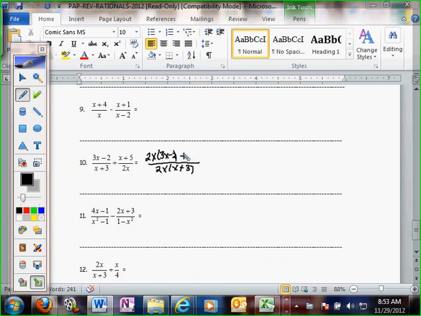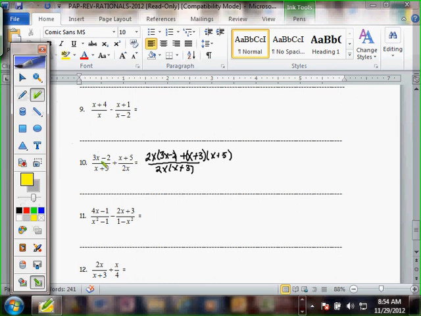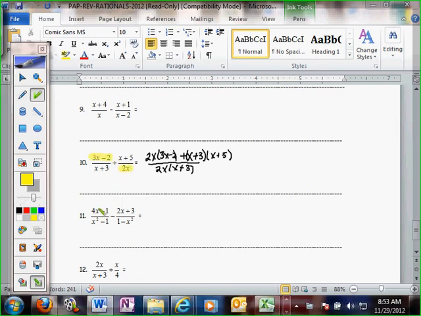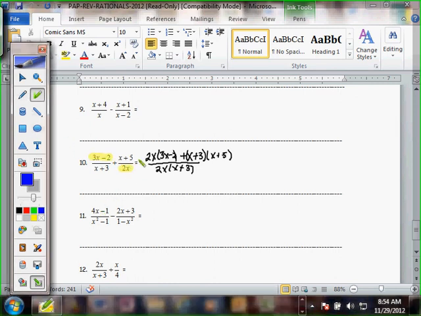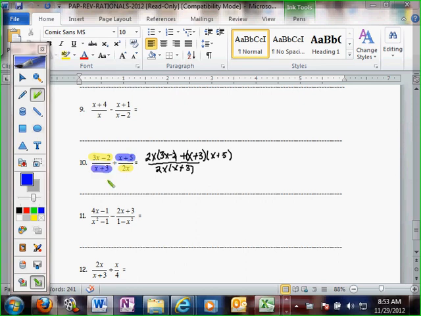Plus, since this is a plus now, I don't have to worry about opening a set of parentheses. So it's going to be x plus 3 times x plus 5. In other words, I'm doing denominator times denominator, then multiplying this top times this denominator, and this top times this denominator.